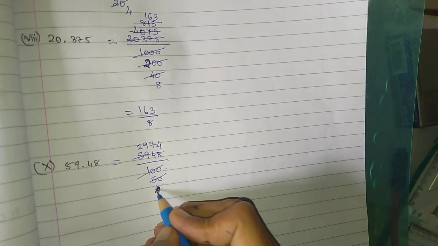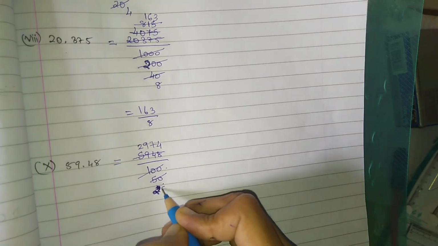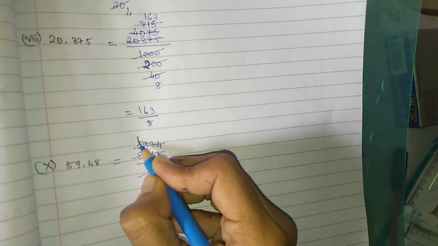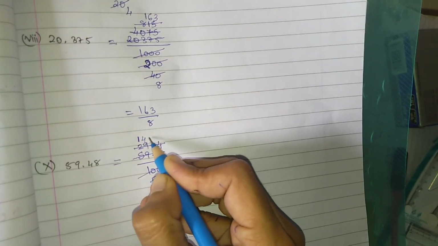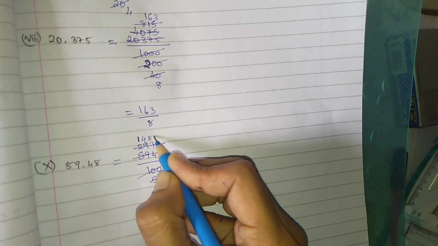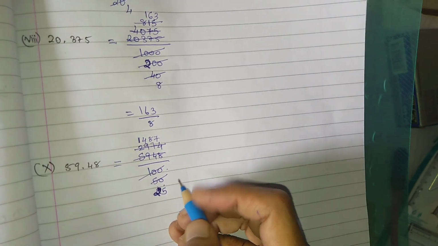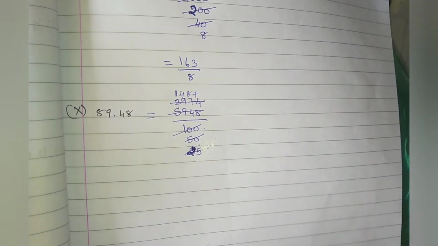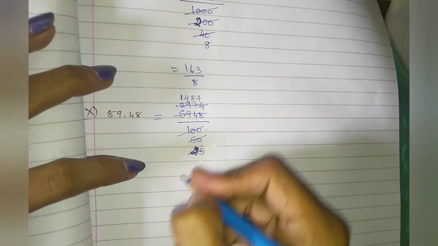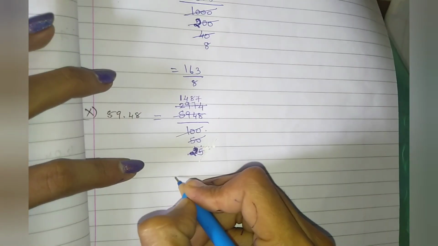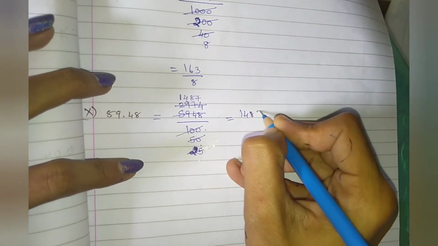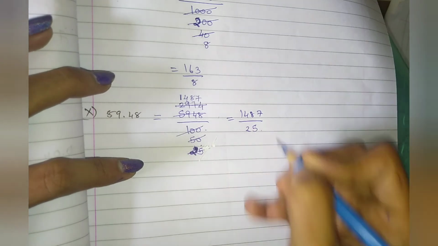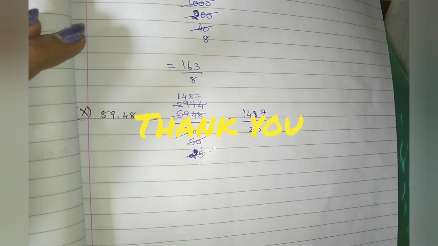Again 2 2s are 4, 1 remain, 5s are. 2 1s are 2, 2 4s are 8, 8s are 16 and 7s are 14. So the answer is 1487 upon 25. Thank you for watching this video.